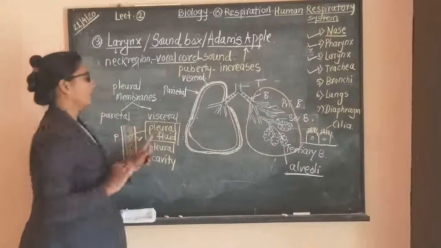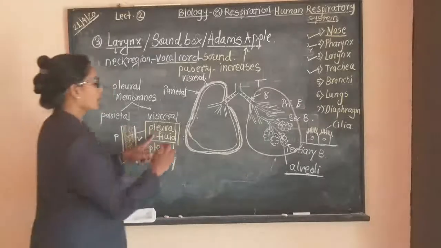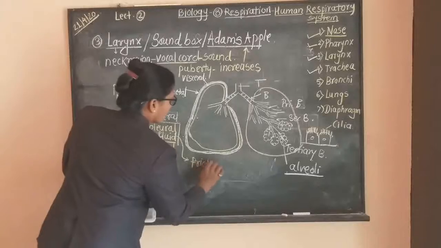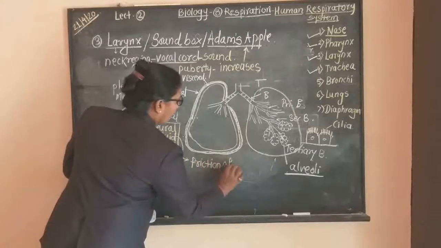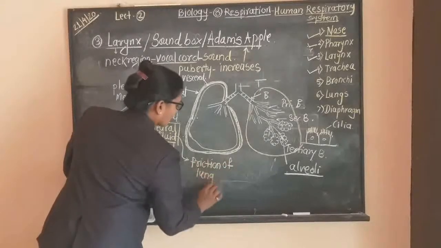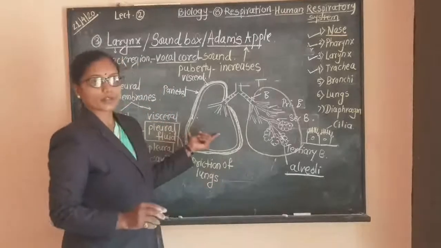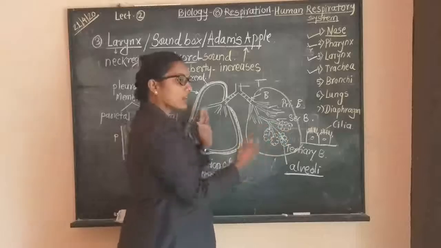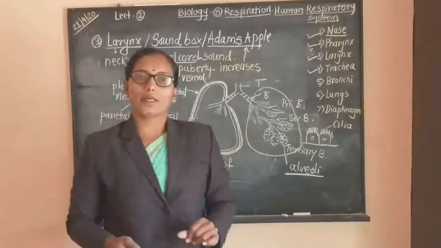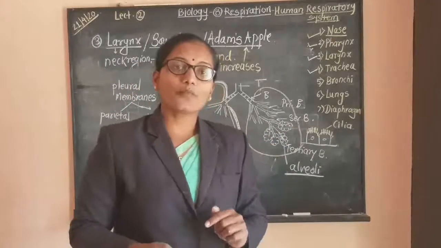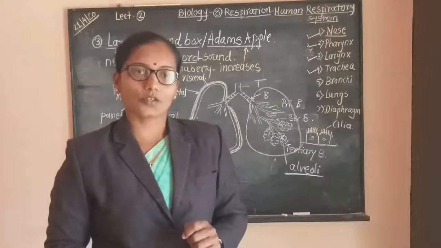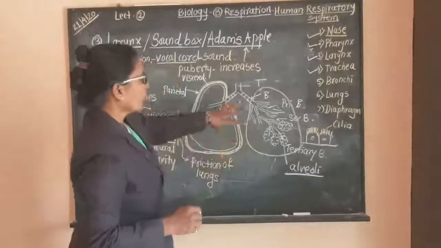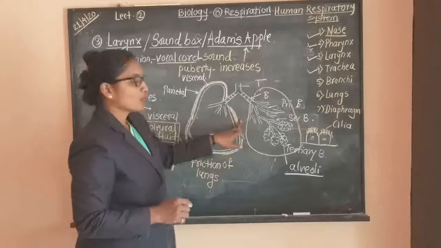Now this pleural fluid is very important because it prevents friction of the lungs with the ribs, because the respiratory system, or lungs, are well protected inside the 12 pairs of ribs, that is the thoracic cage. Internal to the thoracic cage, these lungs are present. In between these two lungs, there is the heart.